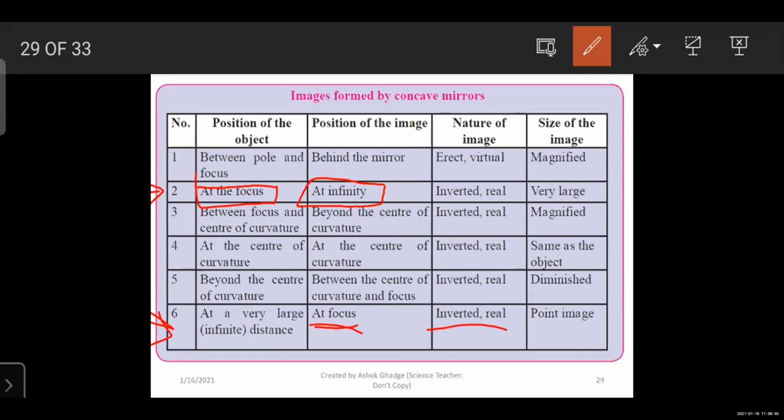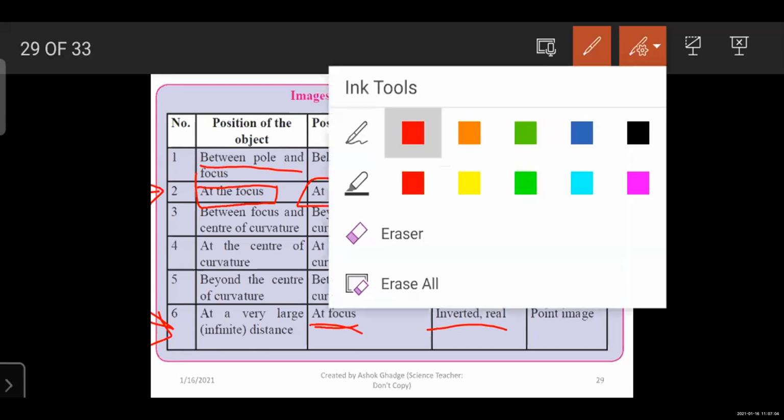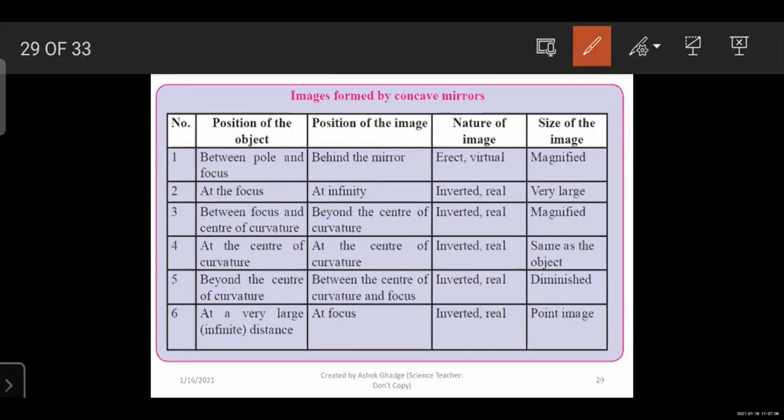The nature of the image is the same, real and inverted. The real image is the image which can be taken on the screen, and the virtual image, which is obtained when the object position is between the pole and the focus, cannot be obtained on the screen.